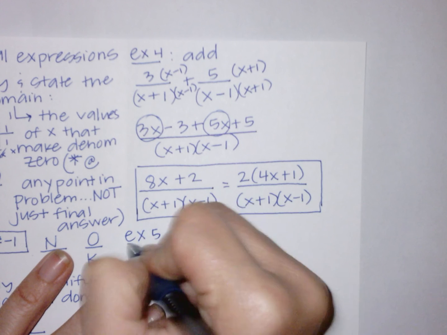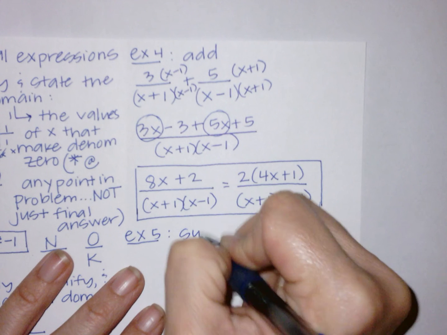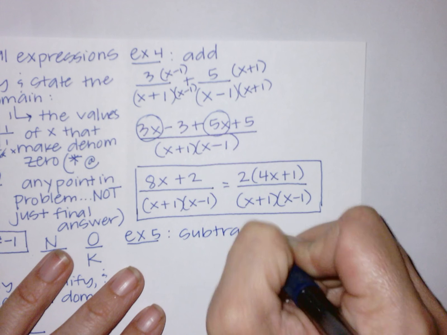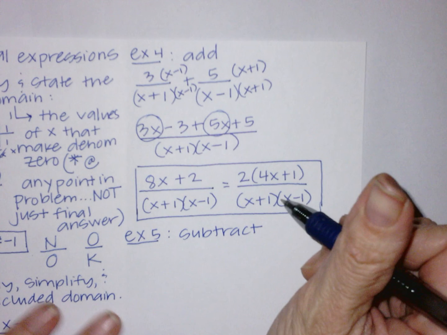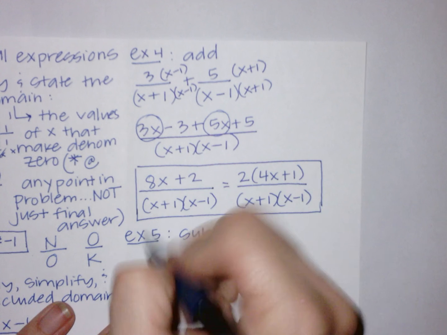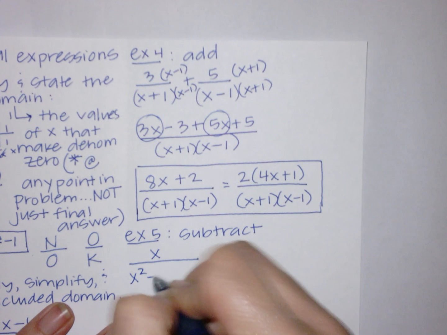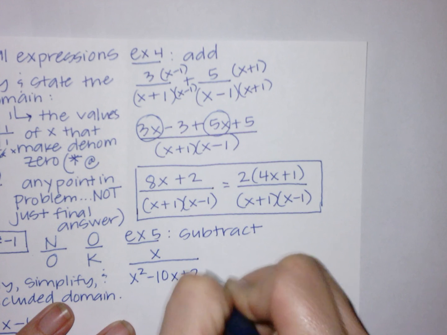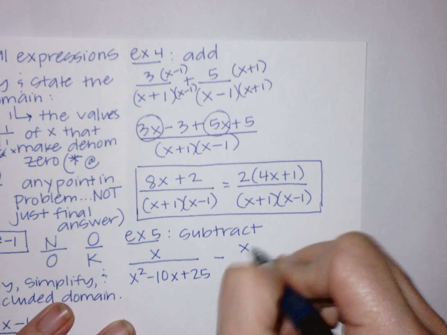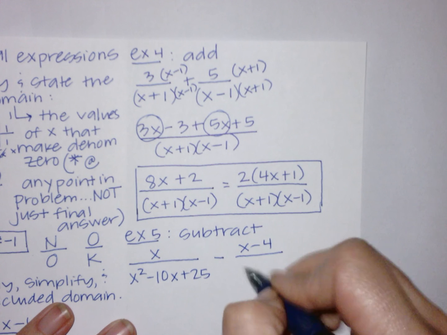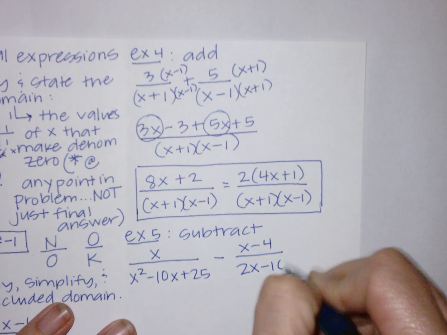Okay, moving right along, example 5 is to subtract. So with this one right here, we have x all over x squared minus 10x plus 25 minus x minus 4 all over 2x minus 10.